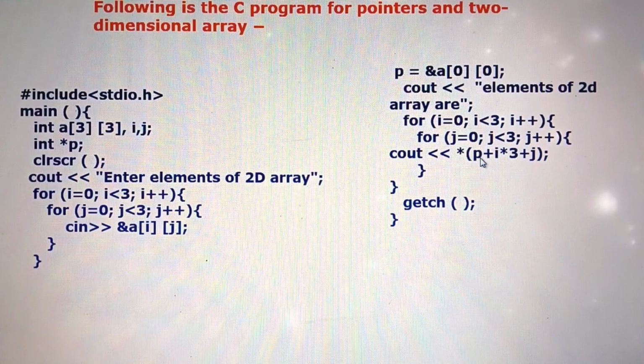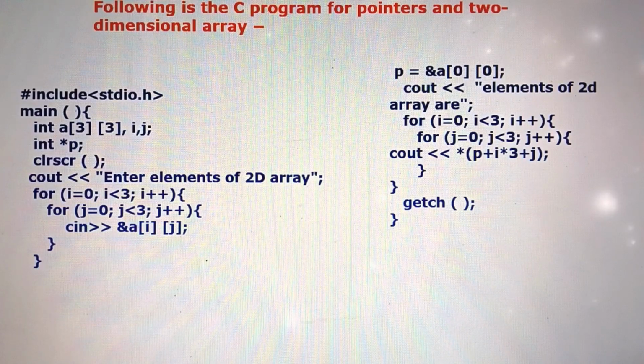The first element. First row, first element will print. The second time, i into 3, row number 0, plus j, 1. 1 into 4 is 4. So base address of pointer plus 4. That is first row, second element, like the third element.